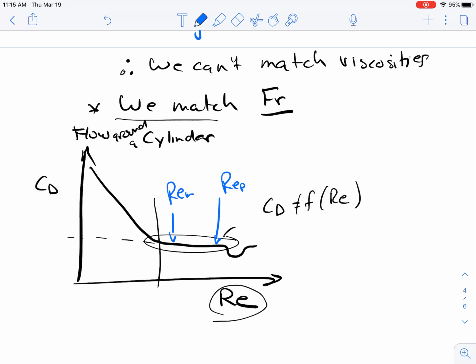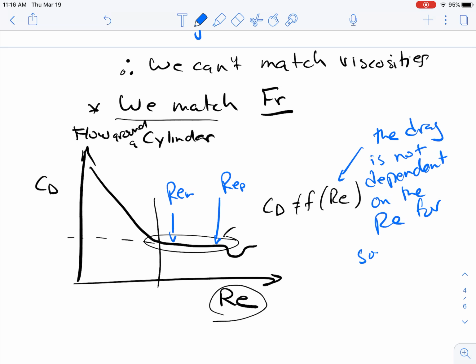So there are times with incomplete similarity that we don't have to worry too much about it, because maybe it doesn't matter too much. And oftentimes that's the case, if we have a situation where the drag, for example, is not dependent on the Reynolds number for some small region. Sometimes we can actually extrapolate as well.